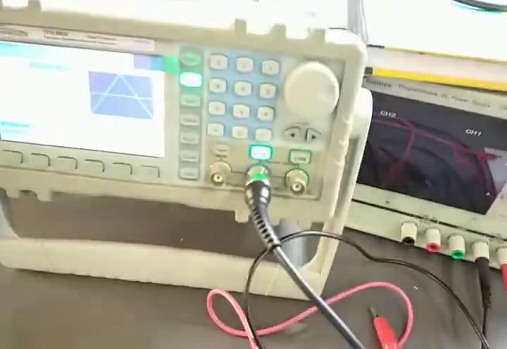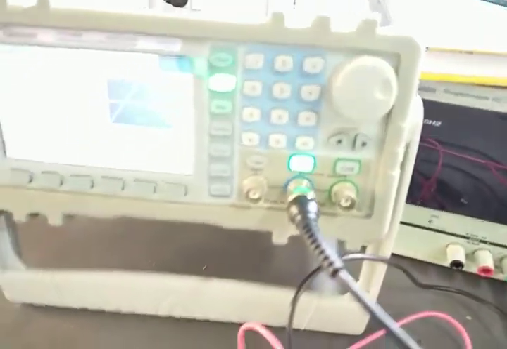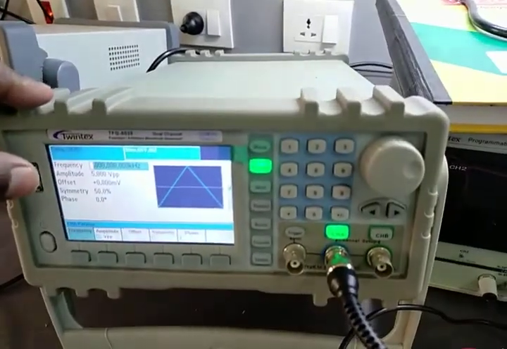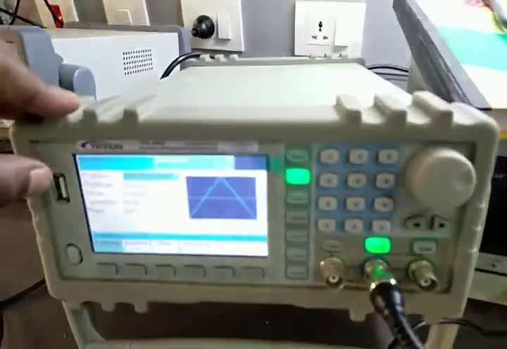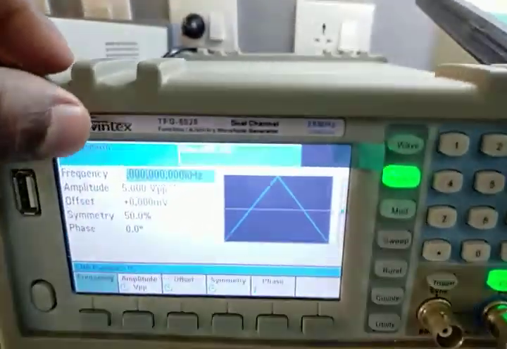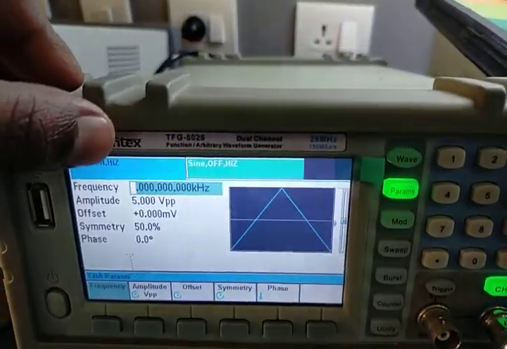Here we have a function generator, and I have given a 5 volt peak to peak voltage, and I have set its frequency equal to 5 kilohertz.